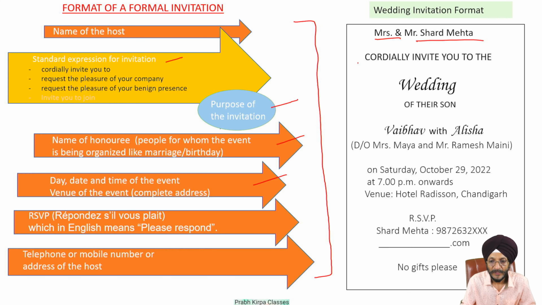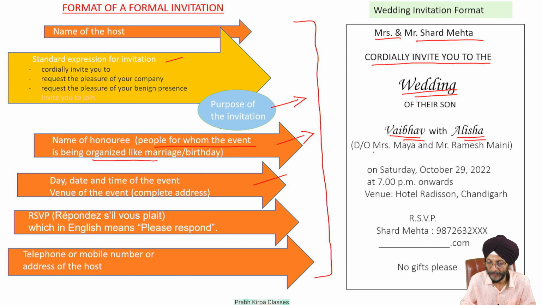That is, in American English, we will write Mr. and Mrs. Sharad Mehta. Cordially invite. Then comes the standard expression for invitation. Here we have written cordially invite you to the. What is the purpose of invitation? This is the wedding. Whose wedding is being held? That is, the people for whom the event is being organized. This is the wedding of their son Vaibhav with Alicia.